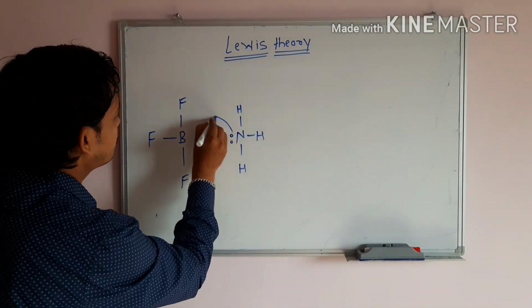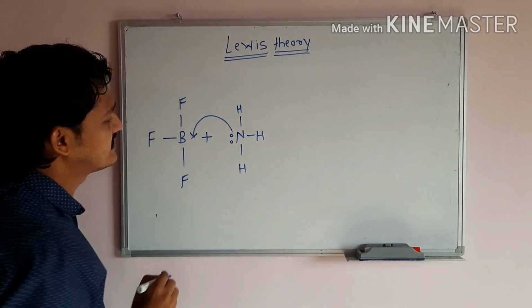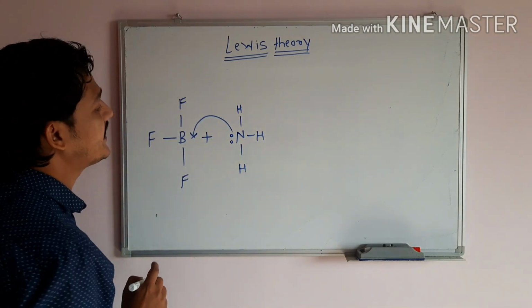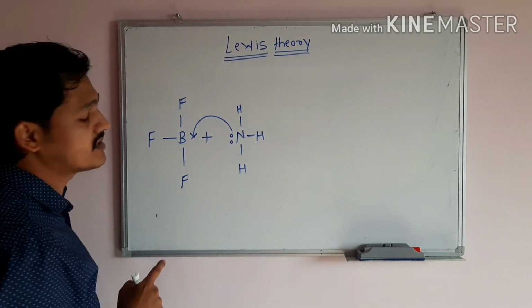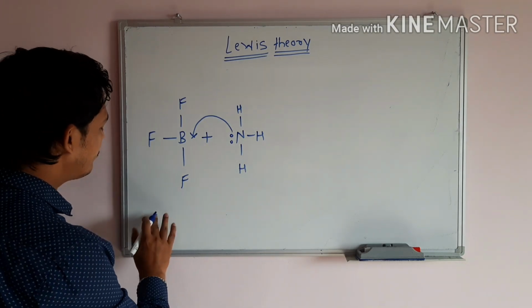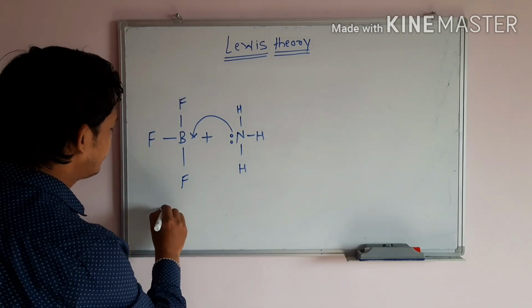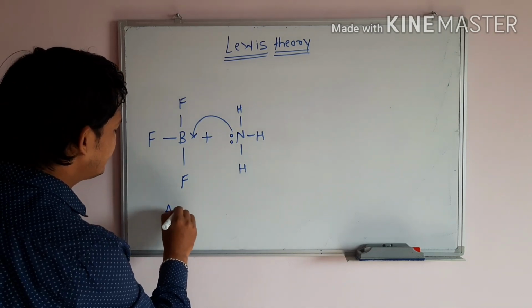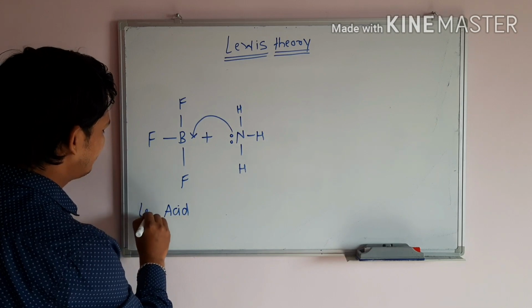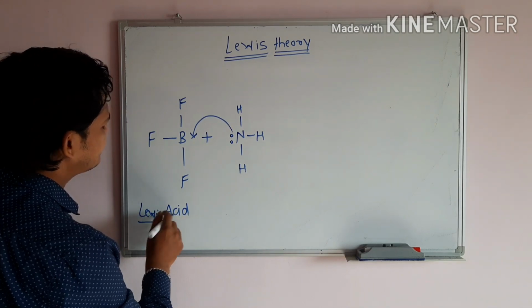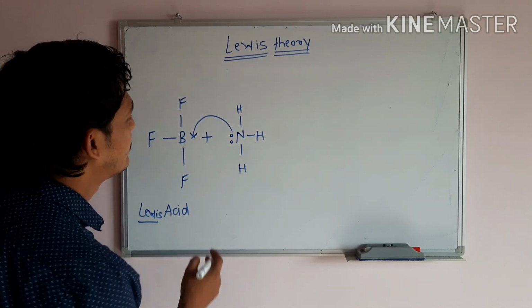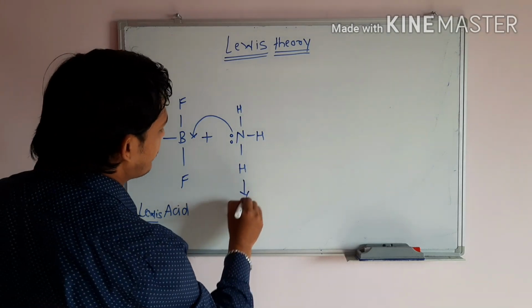In this case, ammonia donates the electron pair to BF3, boron trifluoride. BF3 accepts this electron pair, so it acts as an acid, also called a Lewis acid. According to Lewis, the name is given as Lewis acid, and ammonia is the Lewis base.